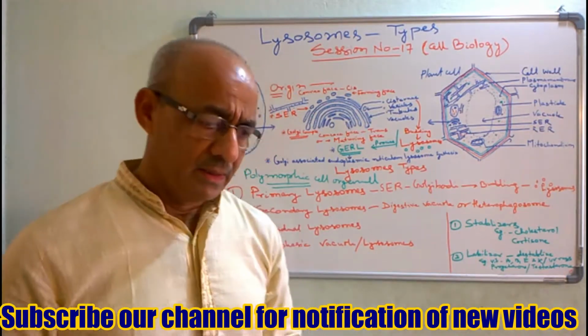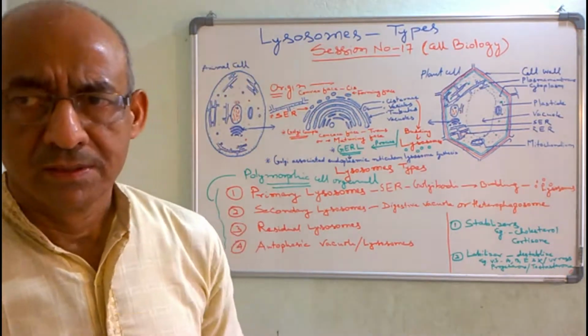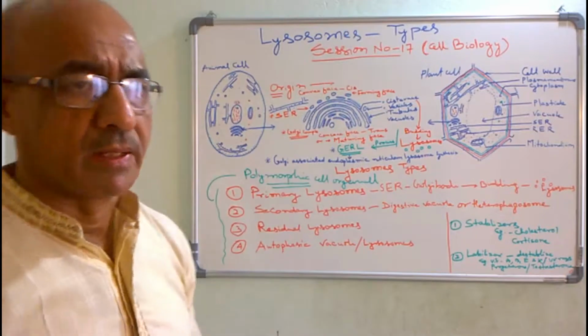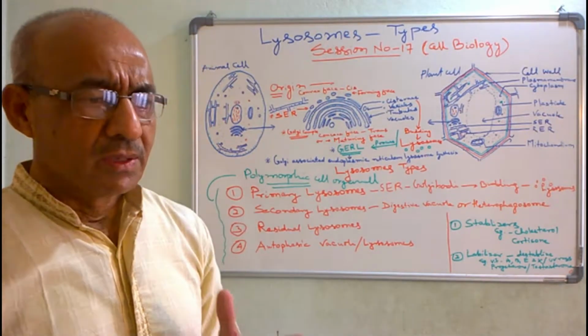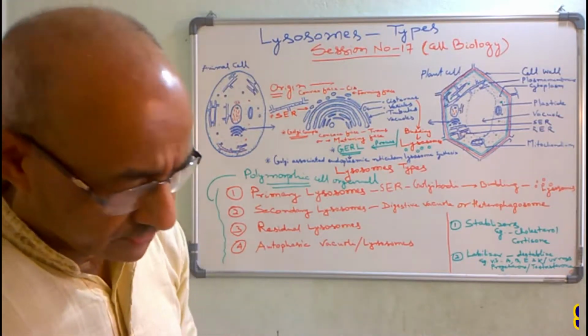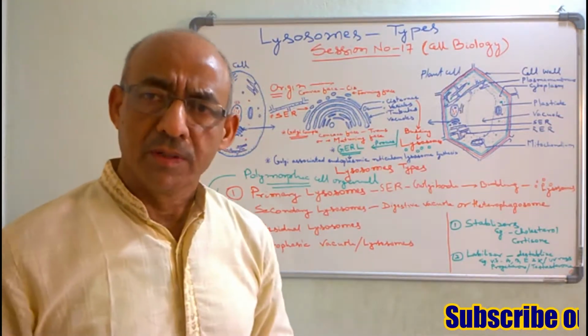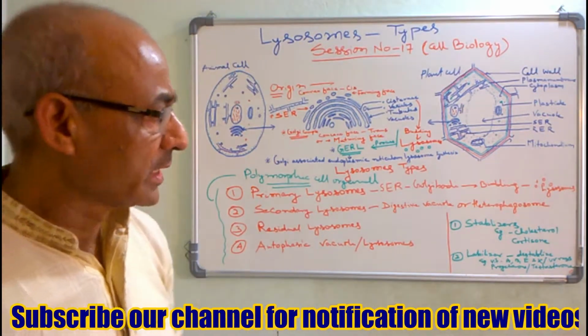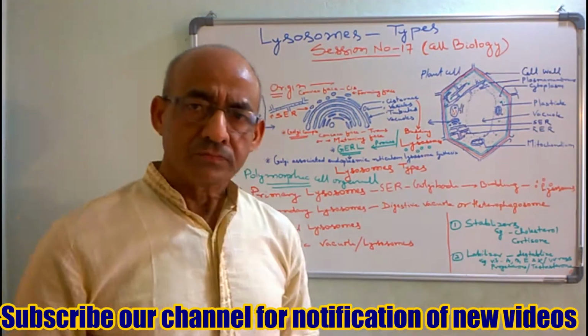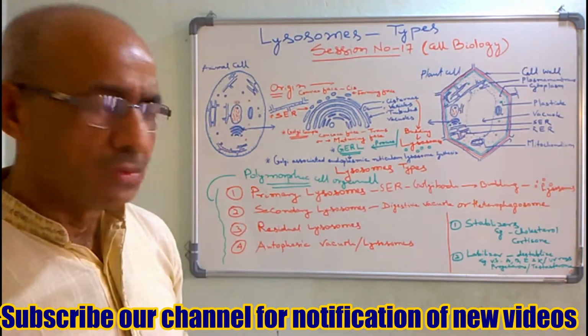They stabilize the lysosomal membrane so that lysosomes cannot be disintegrated. Such chemical substances found inside the cells are called stabilizers.